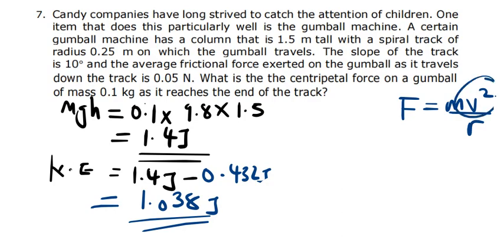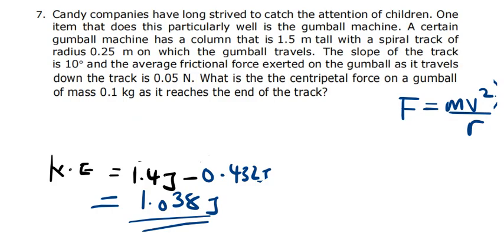So we're trying to find this v squared. Everything we have now, we have that as our kinetic energy. And how do we find kinetic energy? You know that kinetic energy is half mv squared, right? So kinetic energy is equal to half mv squared.